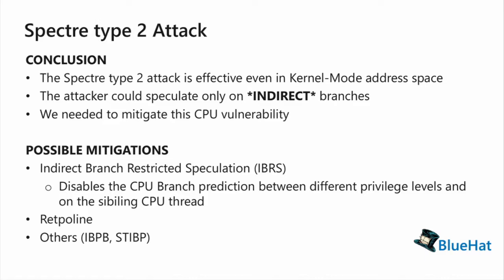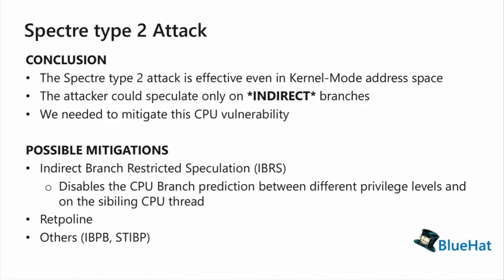So we needed a way to mitigate the CPU vulnerability, and we needed to do that in a smart way that doesn't destroy the performance of the computer. So the possible mitigations.